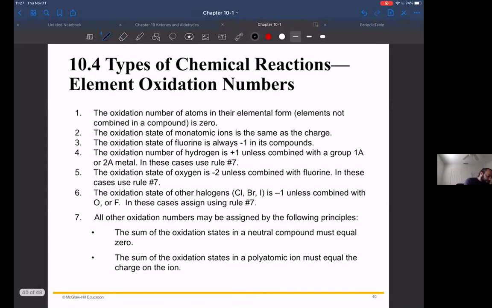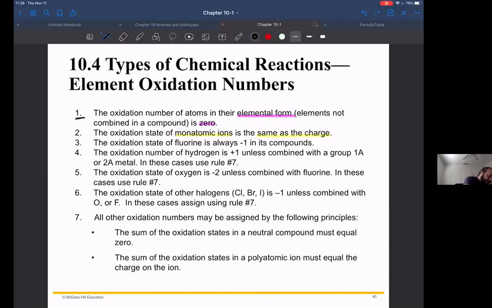So again, the first rule was that the oxidation number of anything in its elemental form is 0. Rule 2, sort of restated a little bit differently, this is a simpler way of stating what we were talking about before, is that monatomic ions have the same oxidation state as they do charge. Okay, monatomic ions, same as the charge.